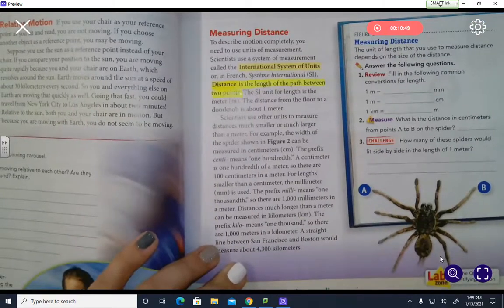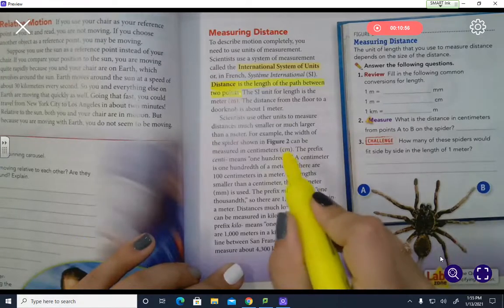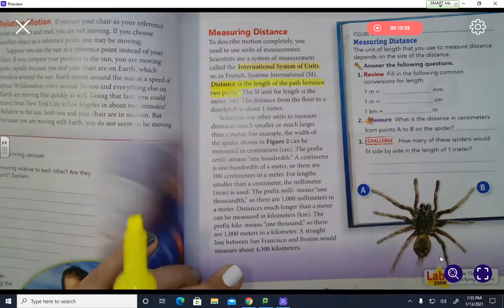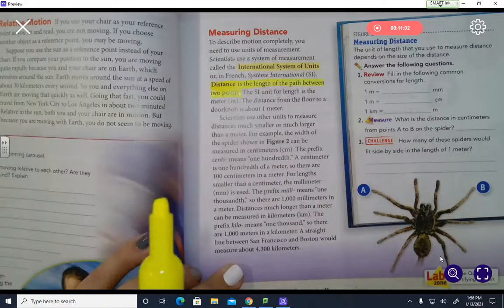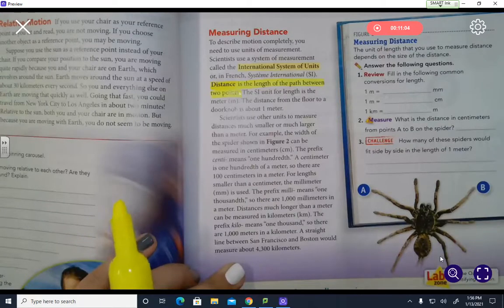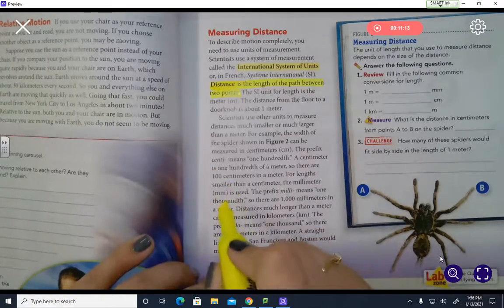Scientists use other units to measure distance much smaller or much larger than a meter. For example, the width of the spider shown in figure 2 can be measured in centimeters, which is written cm. The prefix centi means 1/100th. A centimeter is 1/100th of a meter, so there are 100 centimeters in a meter. For lengths smaller than a centimeter, a millimeter, mm, is used.